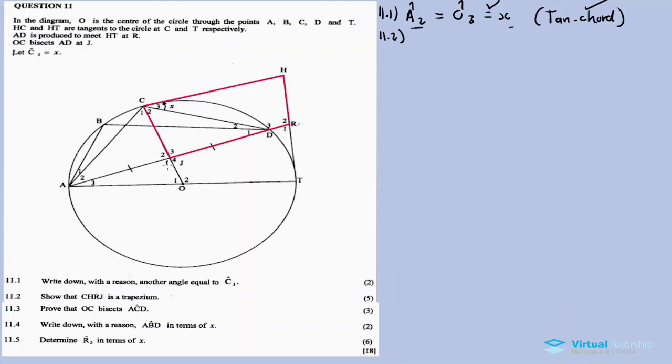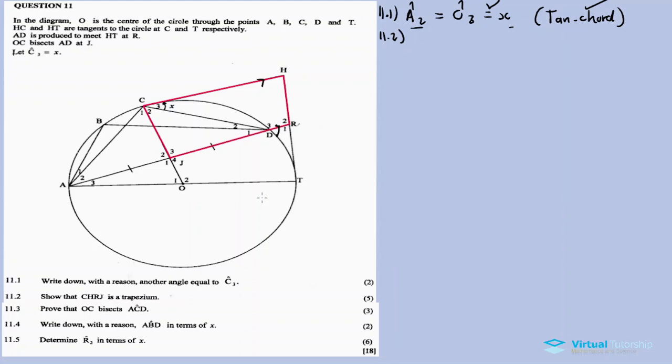So according to this shape, they are not saying these lines are parallel. I'm saying if you look at this shape, you can see that this is a trapezium and these two lines are supposed to be parallel to each other. They did not tell us, but they are supposed to be parallel to each other.